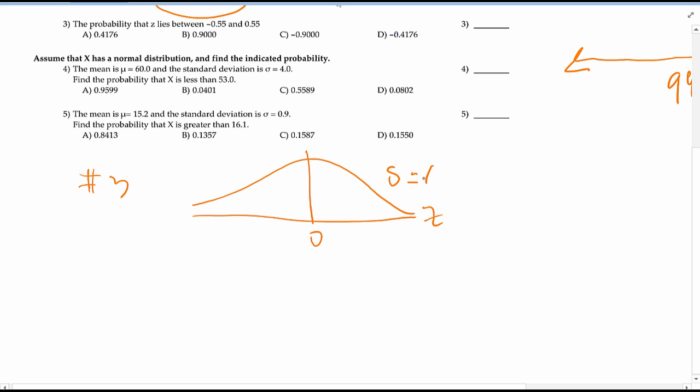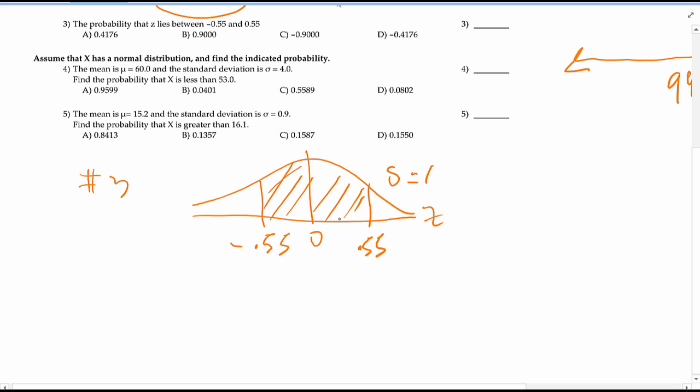And we want to know what percentage of values of the variable lie between negative 0.55 and positive 0.55. All right, so how can we use these positive and negative tables to find out this area right here.